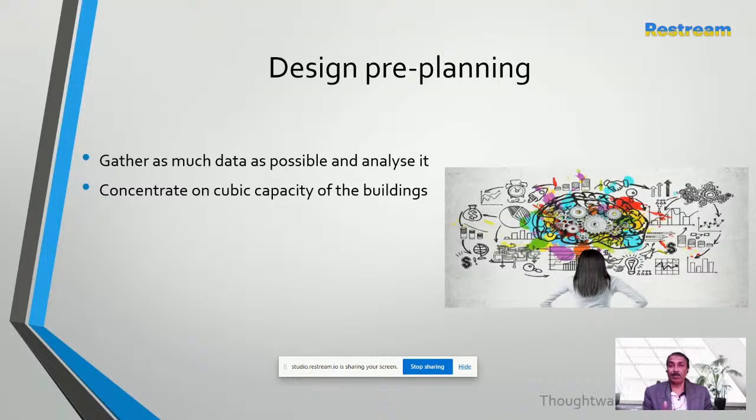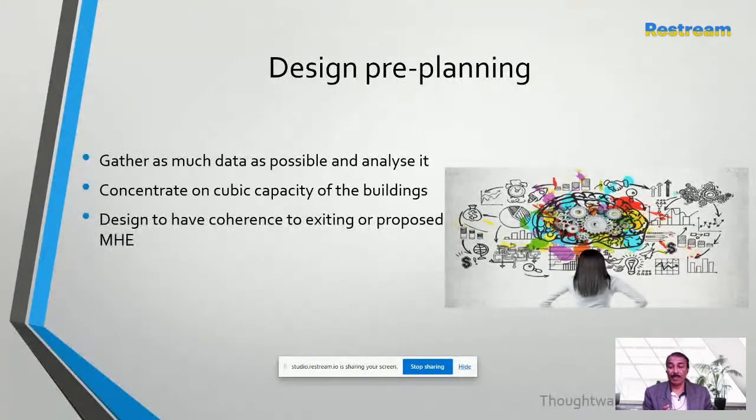So in the warehouse, we are going to consider the cubic capacity of the building, designed to cohere to the existing or proposed material handling design. Why design is given so much importance is that all the related material handling equipment should also be designed. If you are going to use the existing one, then the design has to accommodate it.